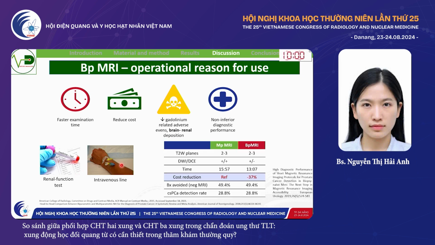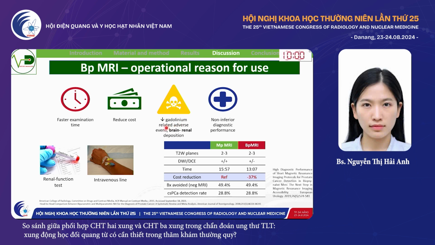And second, it reduces cost. According to research published in 2019, in addition to saving about 3 minutes for each examination, biparametric MRI also reduces the cost by a significant 37% for each patient. And thirdly, it reduces the risk related to gadolinium.